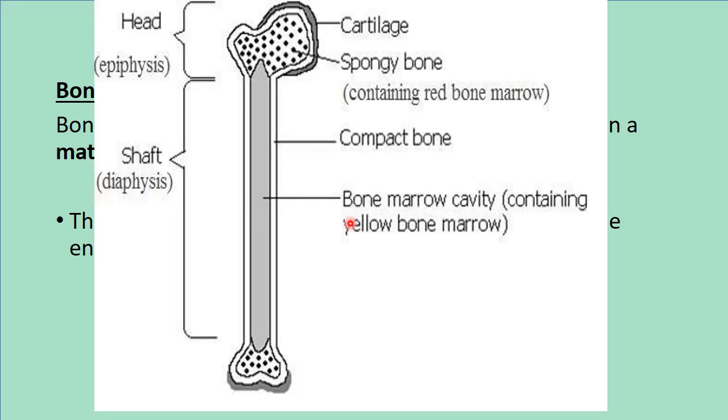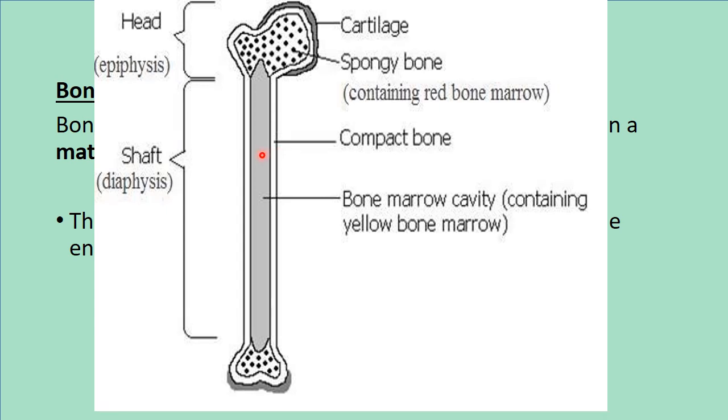So here is a drawing of a bone. So the end is called the head or epiphysis, and this middle part is called the shaft or diaphysis. Okay, so the middle part is made of the compact bone, this compact bone here. Okay, so the compact bone is firm.